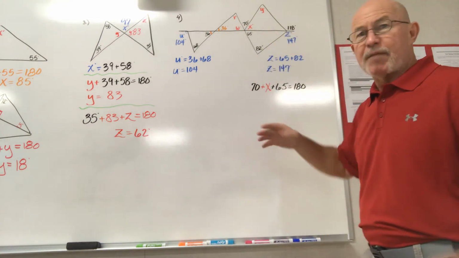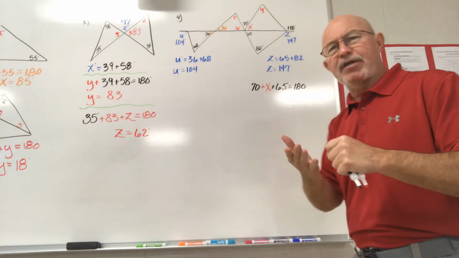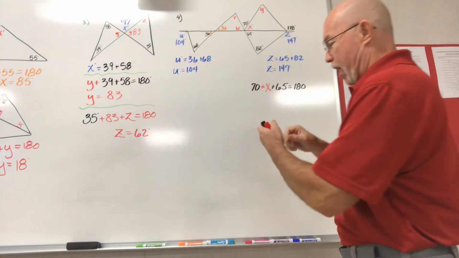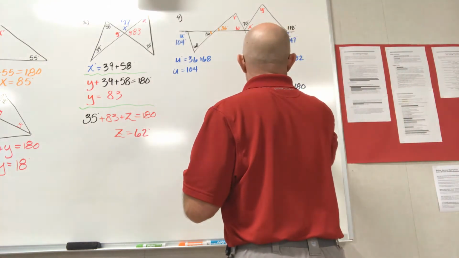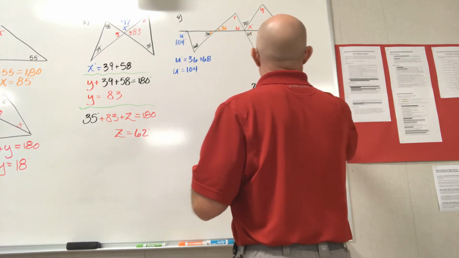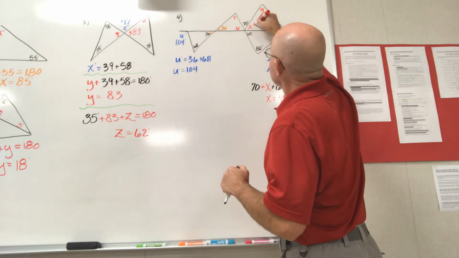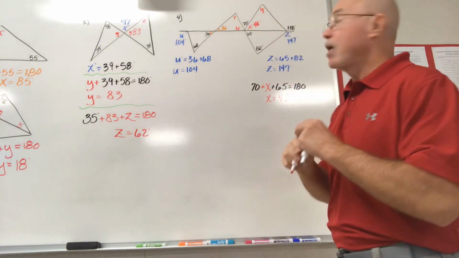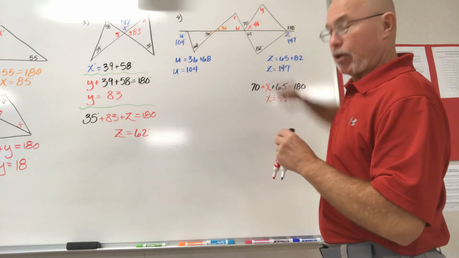And once you see them set up, they're really pretty simple to solve, I think. Okay, so I've got 135, I'm going to subtract. 45 degrees. Now I can deal with that one.